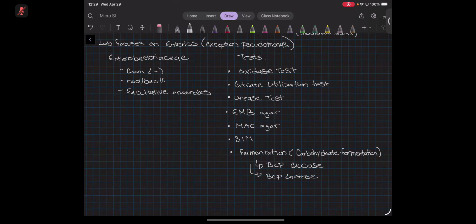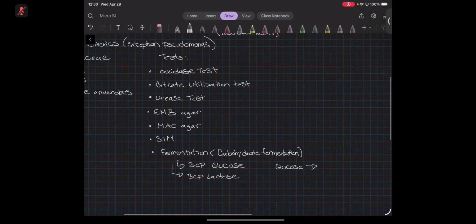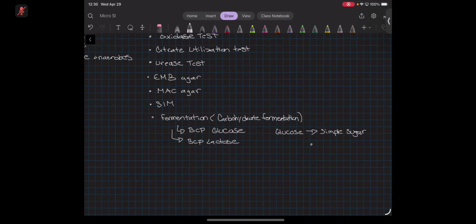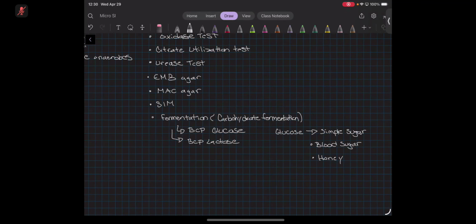Okay. So what is glucose? What kind of sugar? Simple sugar. Very good. Examples of simple sugar? Monosaccharide, yes, but in real life, we have our blood sugar, honey, and fruit.